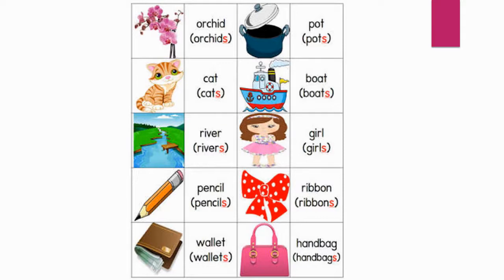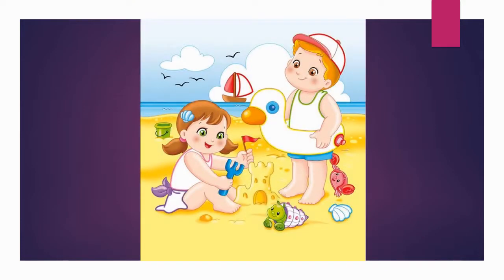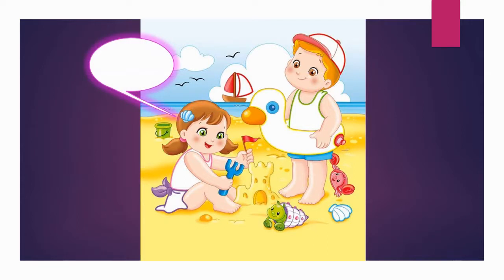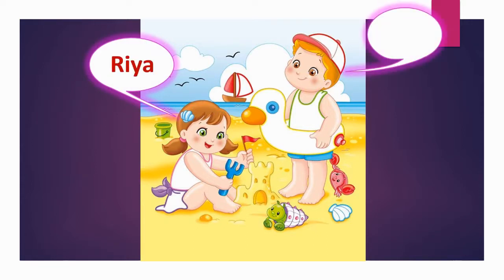So children, now let us start this topic, that is have and has. You can see the picture. What can you see in this picture? You can see a boy and a girl. The boy's name is Raj and the girl's name is Riya.